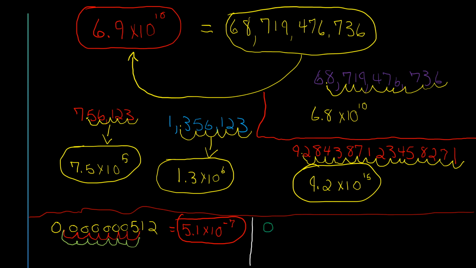Let's do 0.13456789. So let's go here: 1, right there. That's it. So you got 1.3 times 10 to the negative 1 power.